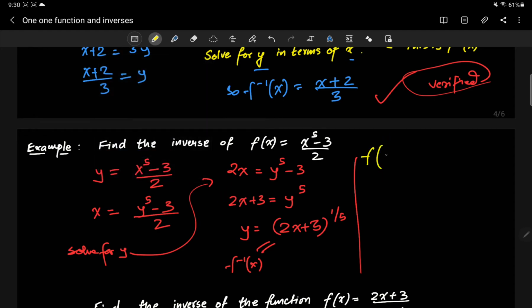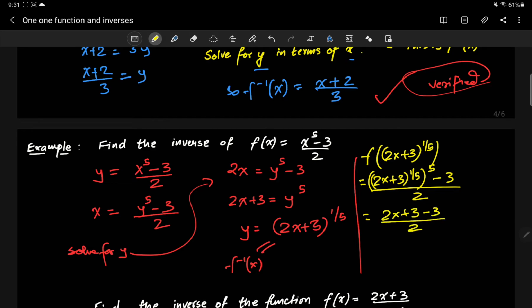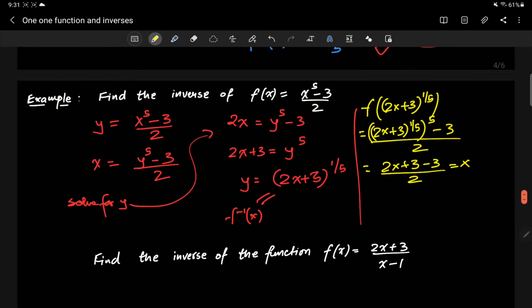So f of (2x plus 3) to the power 1 over 5 is going to be ((2x plus 3) to the power 1 over 5) to the power 5, minus 3, over 2. But these powers multiply, and 1 over 5 times 5 gives me 1. So this is (2x plus 3 minus 3) over 2, which is back to being x.